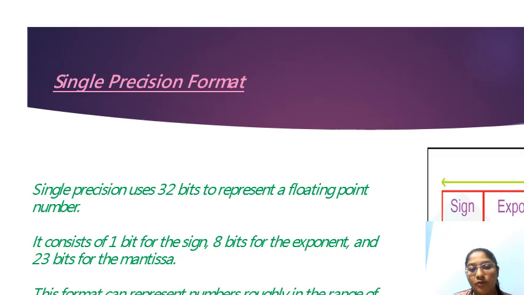It consists of 1 bit for the sign, 8 bits for the exponent and 23 bits for the mantissa. As I said at the start of the topic, the sign is 1 bit, the exponent 8 bits and the fraction 23 bits. This format can represent numbers roughly in the range of 1.18 times 10 to the power of minus 38 to 3.4 times 10 to the power of 38.